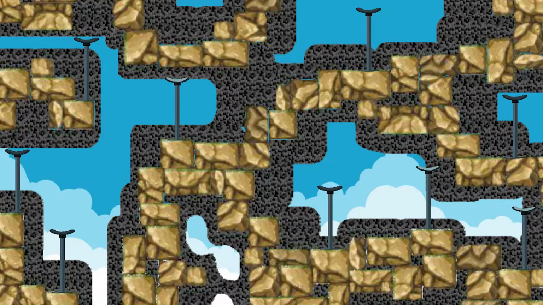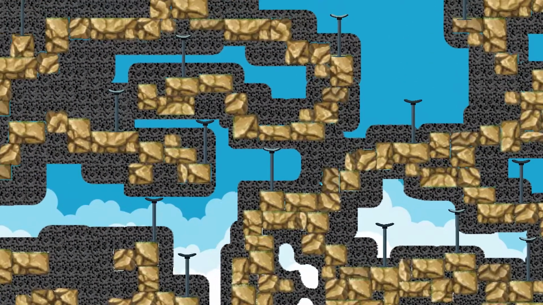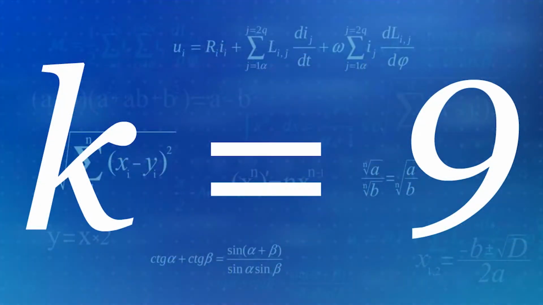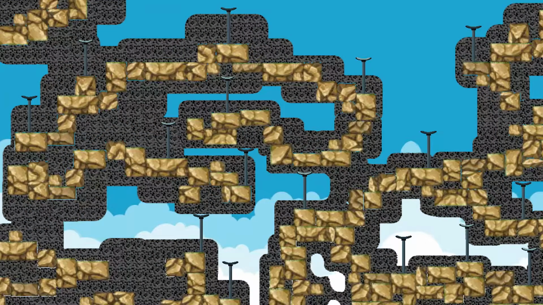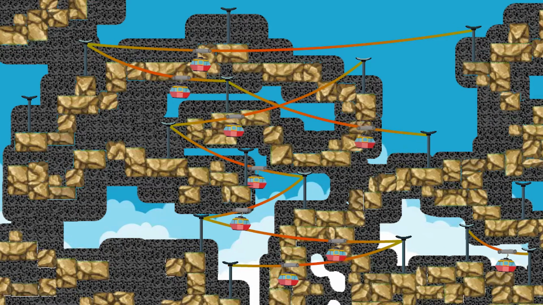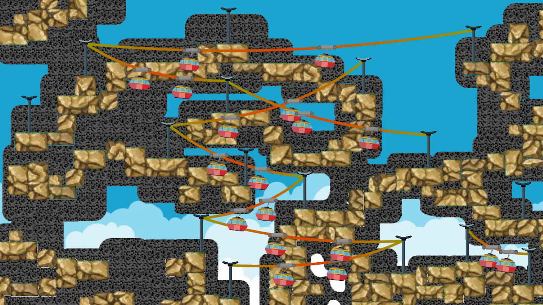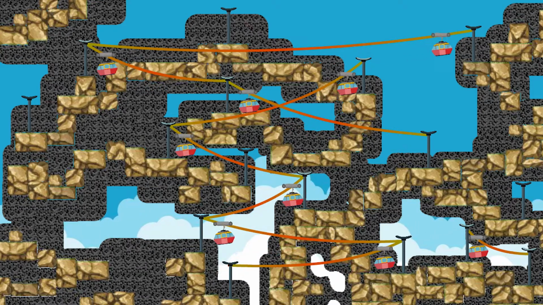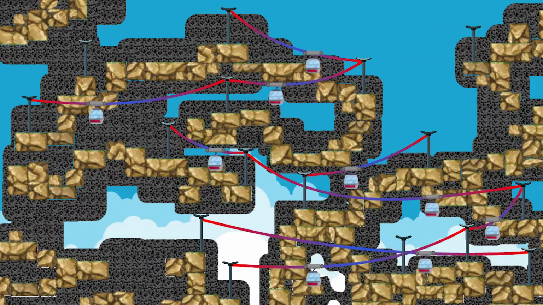Let us now look at the example where n is equal to 4. That is, we have 16 poles. And let us assume also that K is equal to 9, that is, each company uses 9 cables. Again, in the illustration the cables of the first company are drawn in orange, and the cables of the second company are drawn in blue-red.